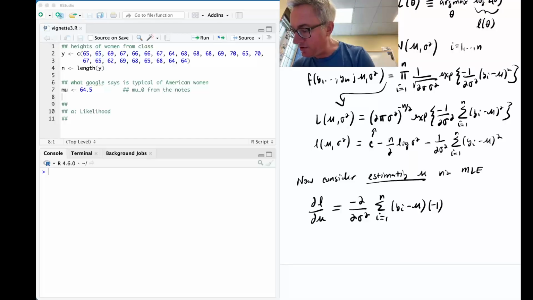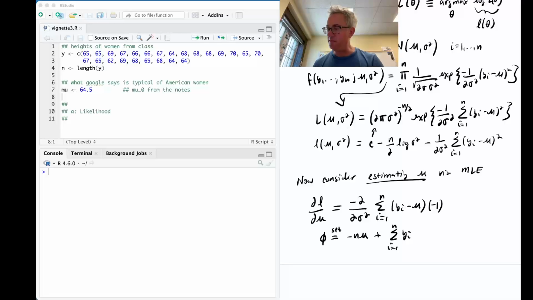We set that equal to 0, right? To maximize, we take the derivative, set that equal to 0, and solve. I really have n mu's, and I have the sum of y_i. So I've done a bit of simplifying by bringing the minus mu out front. There are n of them, and then summing the y's. The 2's cancel, and I can multiply both sides by sigma squared. Multiplying sigma squared by 0 is just 0, and multiplying by sigma squared on the right will cause that sigma squared to cancel.